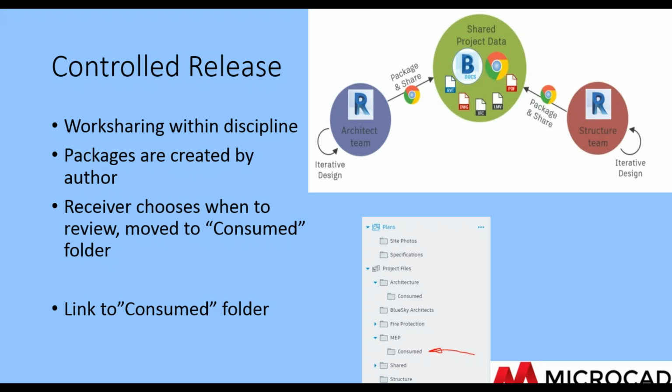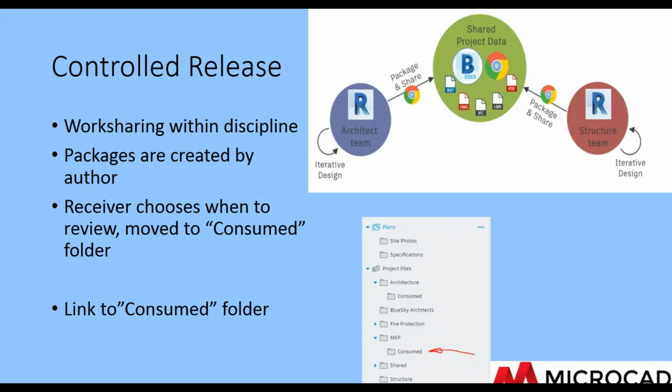Controlled release is more restrained. Each discipline uses work sharing within their team and syncs to their own central file stored in their discipline's folder. When a discipline chooses to share their updates, they create a release package which is put in the shared folder.